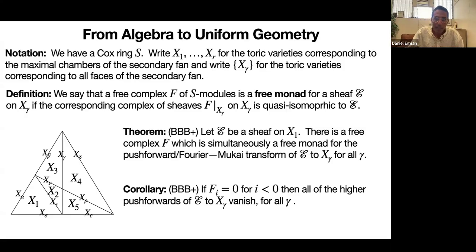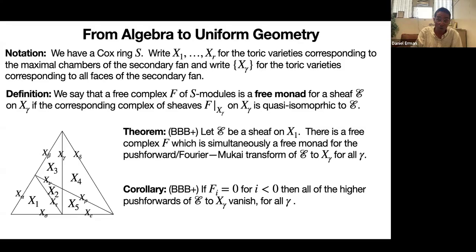What we prove in our paper is that for any sheaf, you can find a single free complex, which simultaneously describes that sheaf and all of its push forwards and all of its Fourier-Mukai transforms everywhere in the secondary fan.